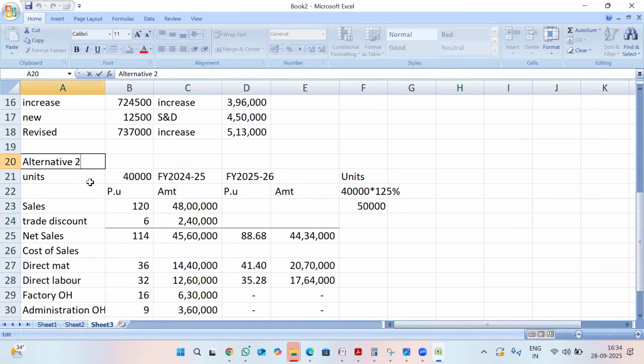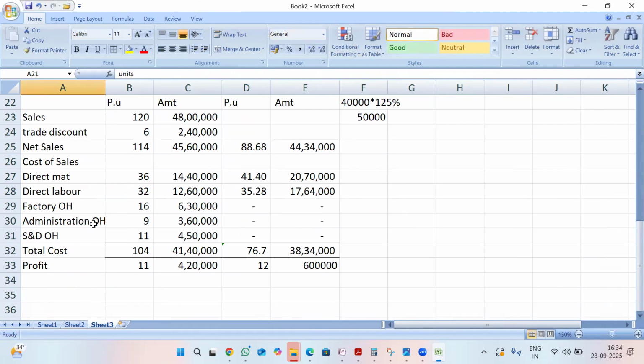Alternate 2: overheads are treated as variable. Then my factory overheads per unit are only going to increase, right? Now I am going to calculate based on the assumption that all the overheads are variable. So variable means per unit will be constant and total will change based on my output.